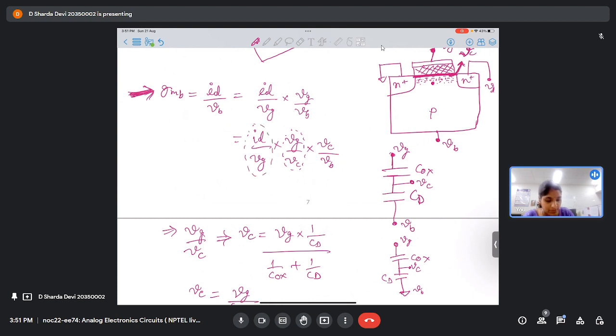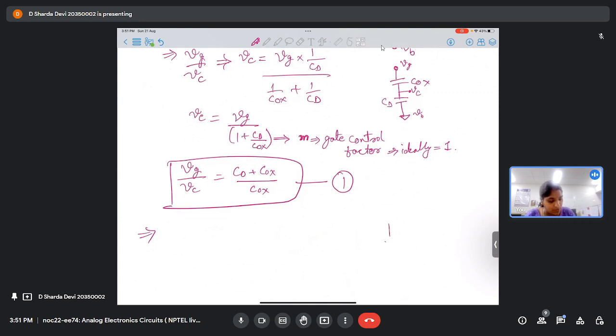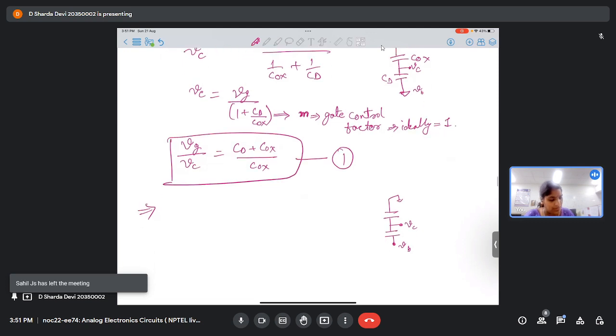It is Gm, yes. So it's like Gm into Vg by Vc into Vc by Vb. Now we are going for Vc by Vb. When we are going for Vc by Vb, we don't need any Vg, right? So we'll put Vg to ground, and then we'll calculate.